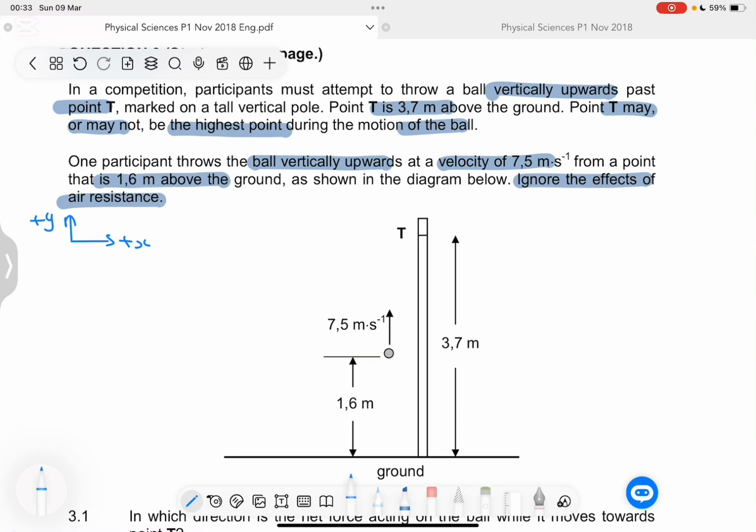Now, this velocity here would be the initial velocity that the participant throws the ball with. And the height that they throw this ball at, I'll just call it change in y initial, because that's the initial height where the ball is located when they throw it.